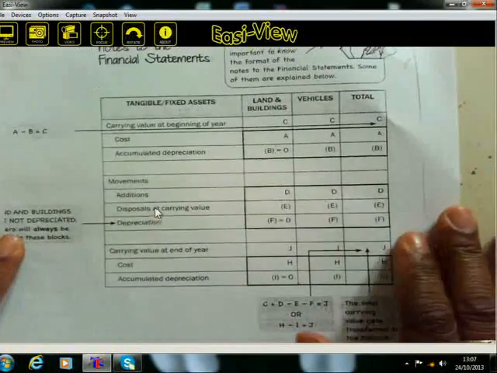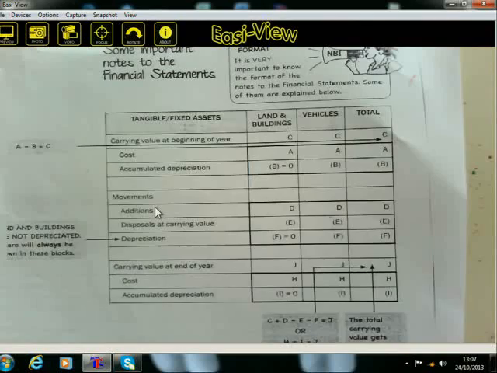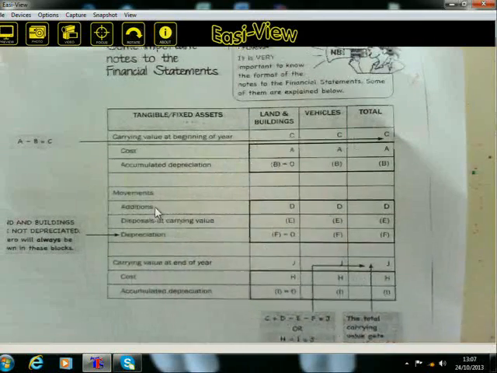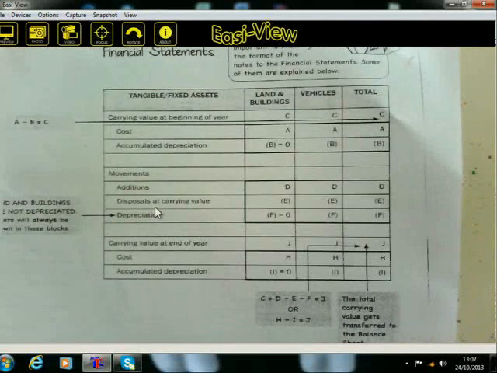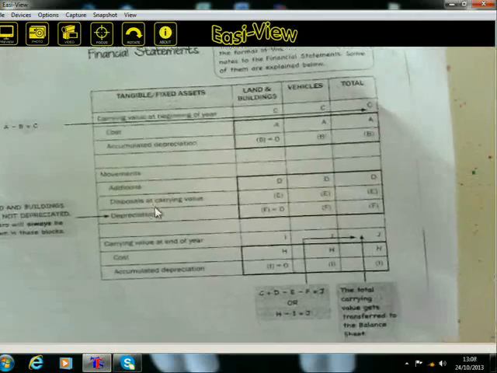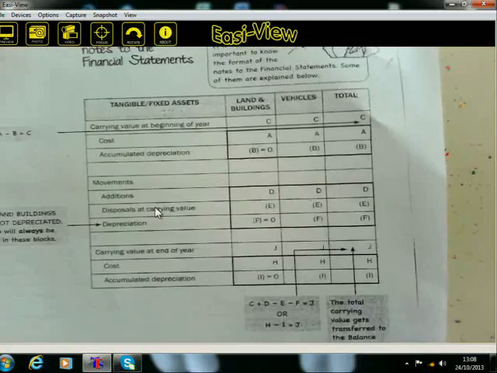I want to refer you back to Mind the Gap, Grade 12, where you have the format of the fixed asset note, which Mem Kanazi explained correctly yesterday, and the retained income. After the fixed asset note, we have the inventory note. So where will the inventory note be entered?